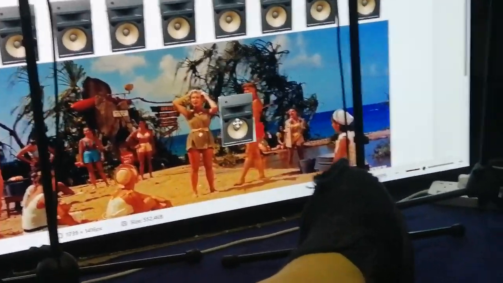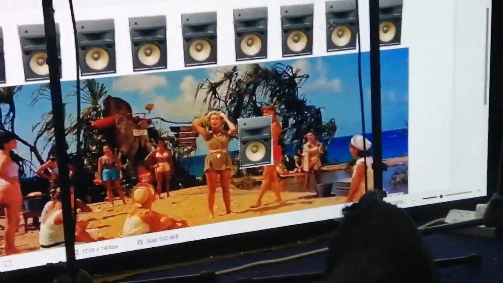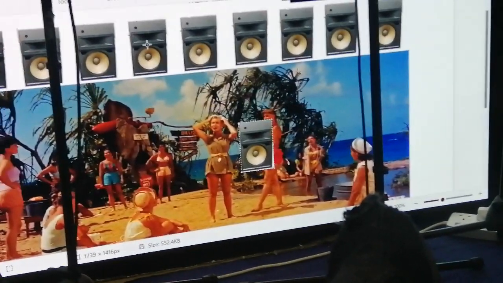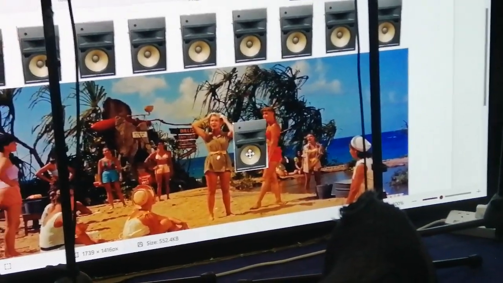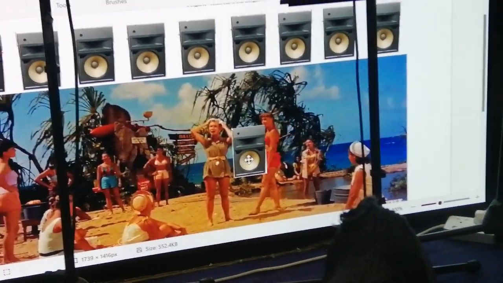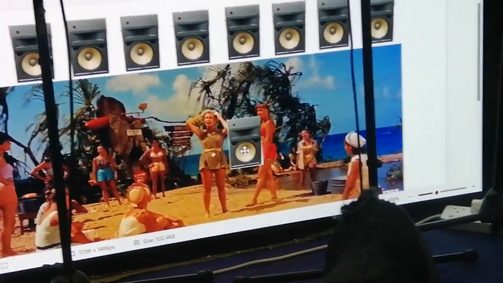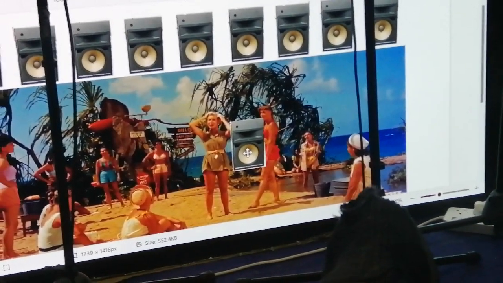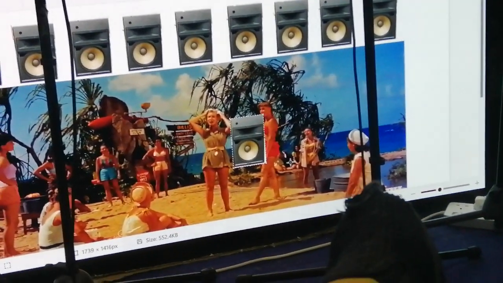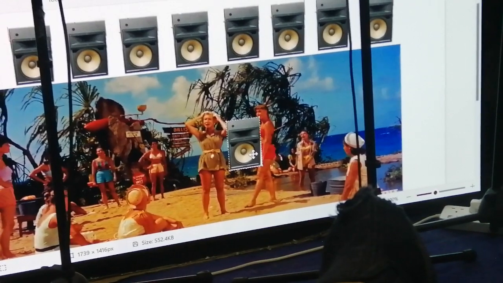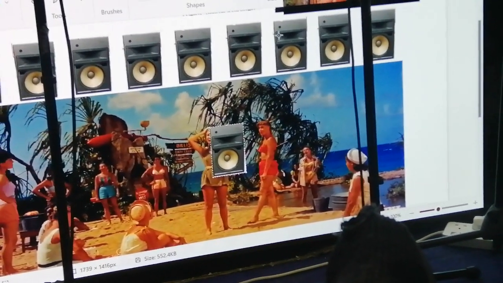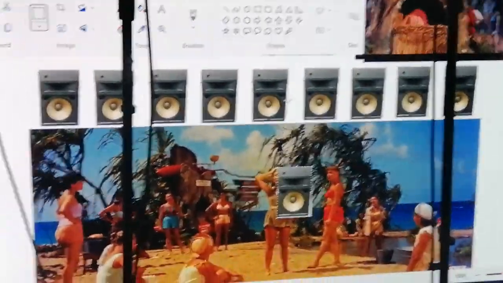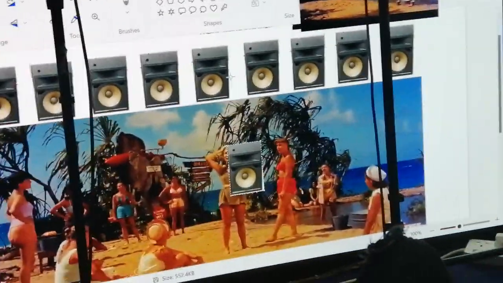And these are JBL controlled 12 SRs, mind you. These are my 12 SRs. Actually, how many of them I've got? I think about 11 of them. Or was it 12? I forgot how many I've got. Some of them need repair. But all the HF horns are completely stripped out and modified, so they run on an active crossover.